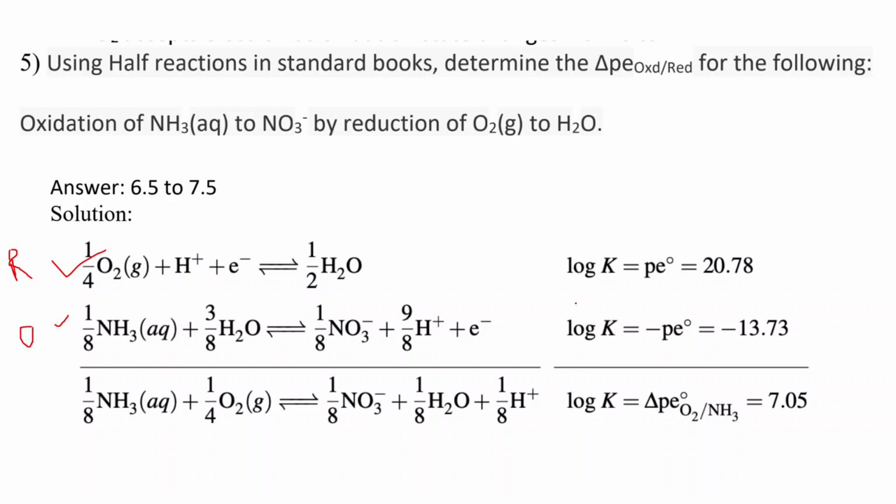So just by adding both the things, we can get the solution. So this is our solution. It's coming 7.05, which is falling in between this range. So as I told in question number 1, the answer should fall between the certain range. Then your answer will be correct.